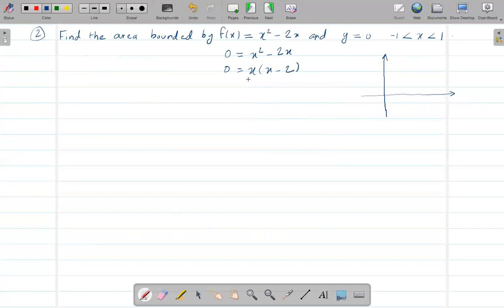So either x equals 0 or x minus 2 equals 0, which is x equals positive 2. So that means our x-intercepts will be here at 0 and here at 2. So the graph will intersect at these 2 points and it will be concave up, something like this, right?